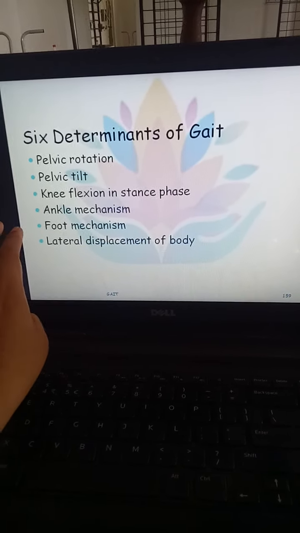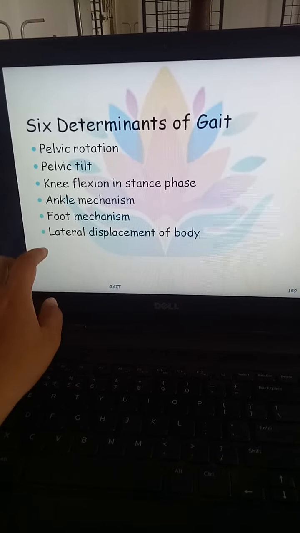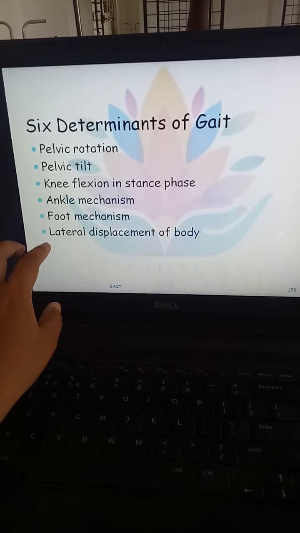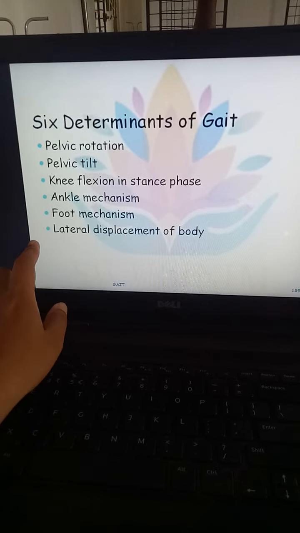Pelvic rotation. Second is pelvic tilt. Third is knee flexion in stance phase, meaning knee movement in the stance phase as well as the swing phase.